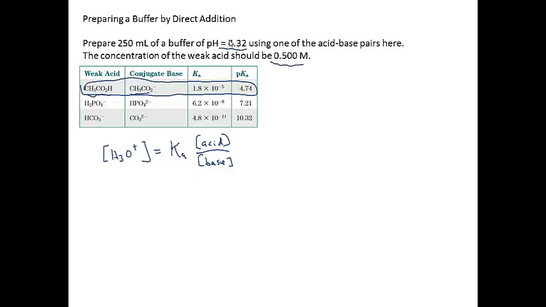Because we know the pH we want, we can know the H3O+ concentration. So that's going to be equal to 10 to the minus pH, so 10 to the minus 4.32, and we get 4.79 times 10 to the minus 5. That's going to equal the Ka for acetic acid, 1.8 times 10 to the minus 5, times the ratio of acid to base.